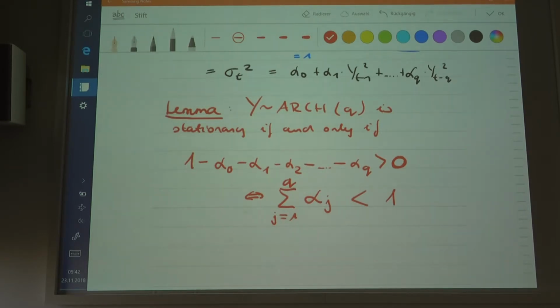So that's the first condition you would get. It is only true if the total sum of the coefficients is less than 1. That's the first stationarity condition.